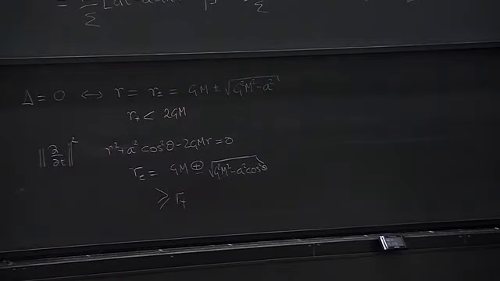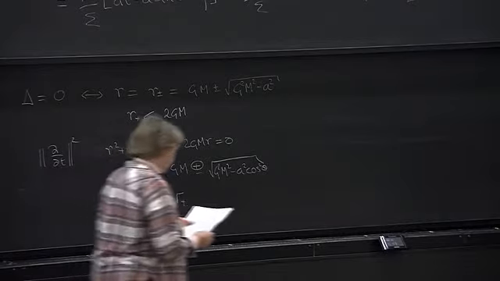So our d by dt becomes 0, the norm becomes 0, when r is GM plus the square root of G squared M squared minus a squared cos squared theta. So notice that's always bigger than or equal to r plus. And in particular, say on the equator, that's actually 2GM. So that's a lot fatter than the constant radius sphere.